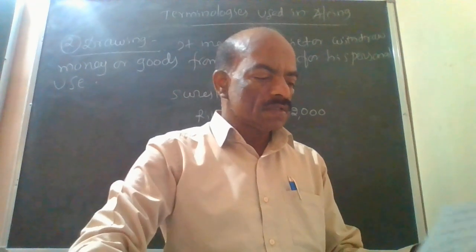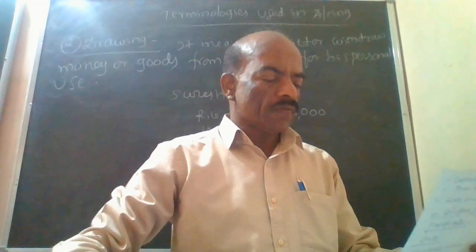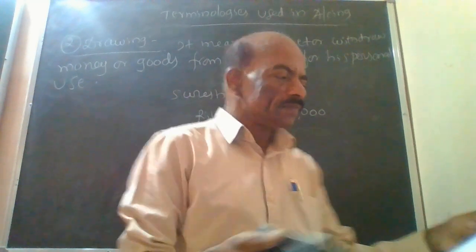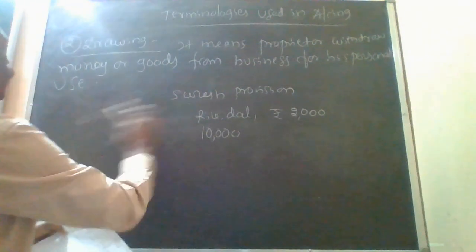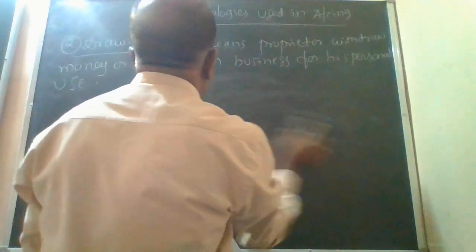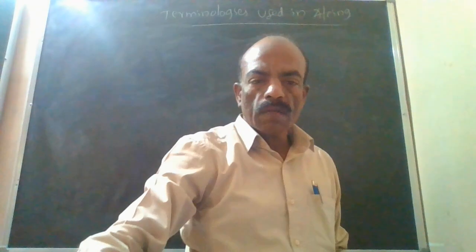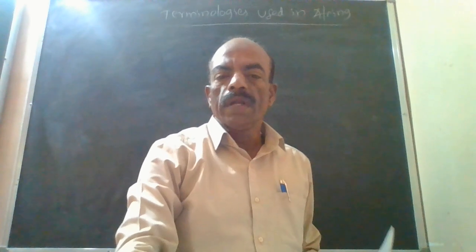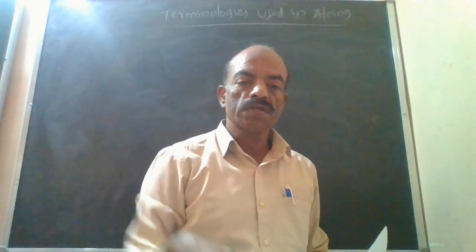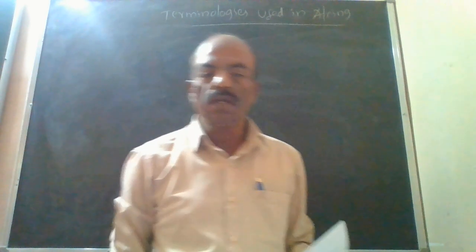Next is debtors, we have to understand. So drawing means the proprietor withdraws money or goods from his business for his personal use.